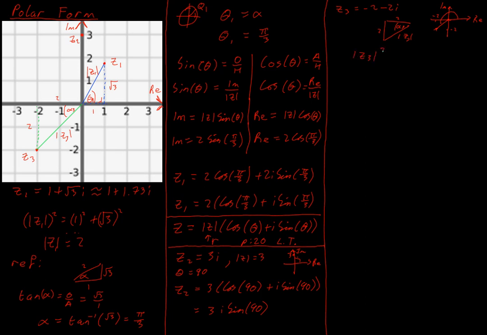So I have that squared is equal to 2 squared plus 2 squared. I do not care about the direction at all here. This is merely a magnitude. That's why my diagram does not include i and it does not include the minuses, because I'm just looking at a triangle of that shape. And when I do that out, I will get the modulus of Z3 is equal to 2√2.